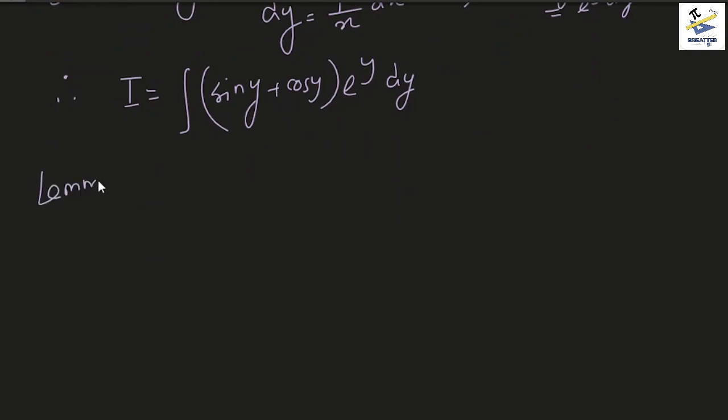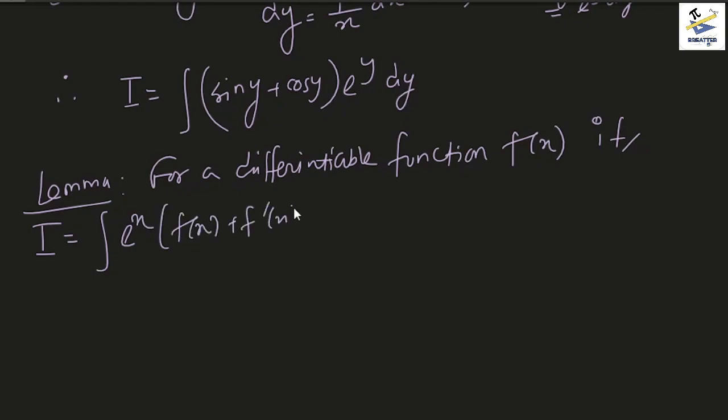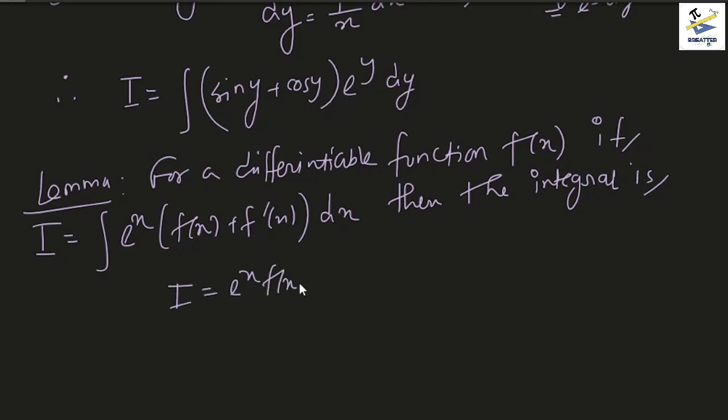So lemma: for a differentiable function f of x, if I is equal to integral of e to the power x into f of x plus f dash x dx, then the integral is I equals e to the power x into f of x plus c.